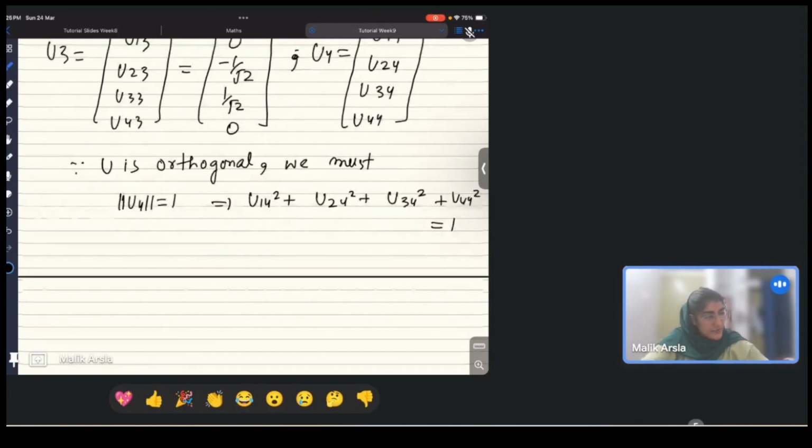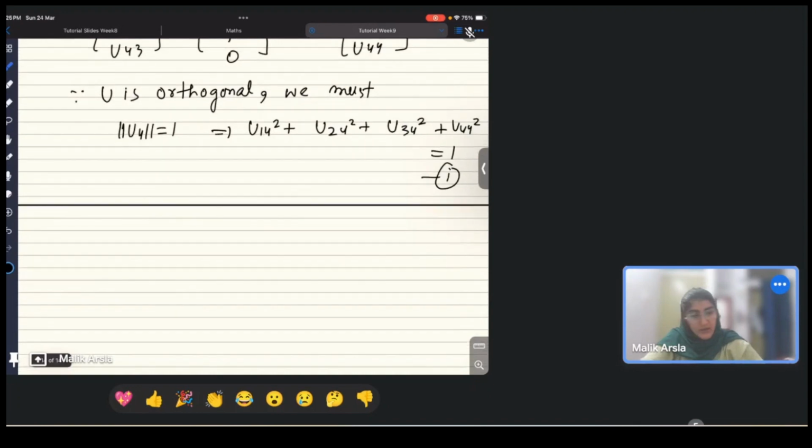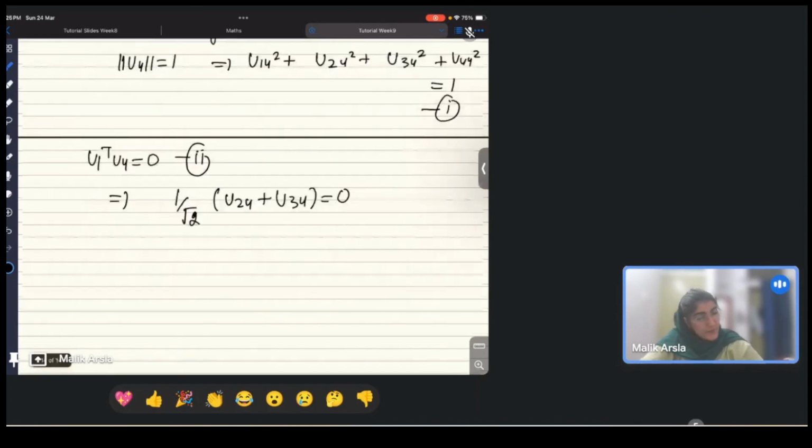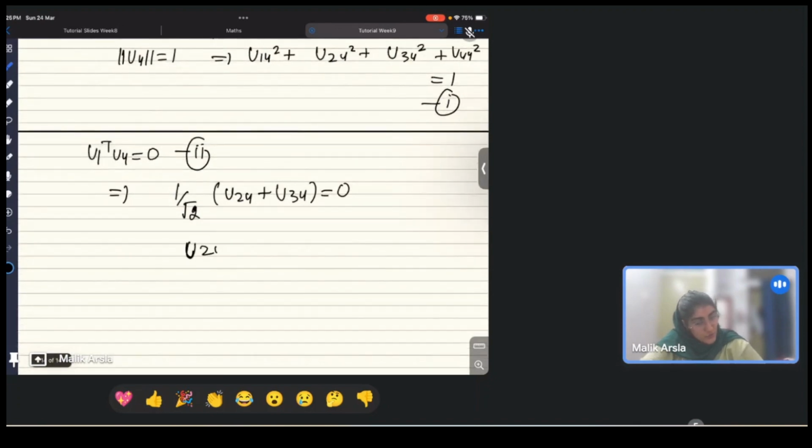This will be our first equation. And U1 transpose U4 is equal to 0. This will be our second equation. So when we multiply it, we get 1 by root 2 into U24 plus U34 is equal to 0, and from here we get U24 plus U34 is equal to 0, which will be our second equation.